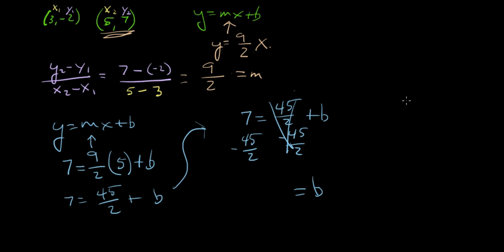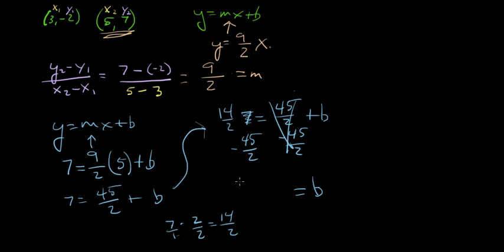And so I can't subtract 45/2 from 7, but I can subtract it from 14/2, because 7 over 1 times 2 over 2, 7 times 2 is 14, 1 times 2 is 2, 14/2. Okay, so 14/2 minus 45/2.